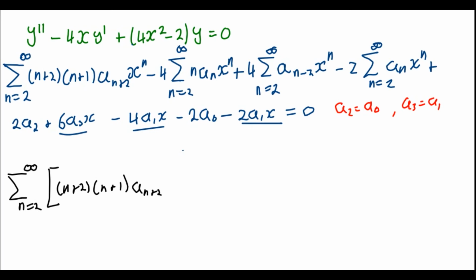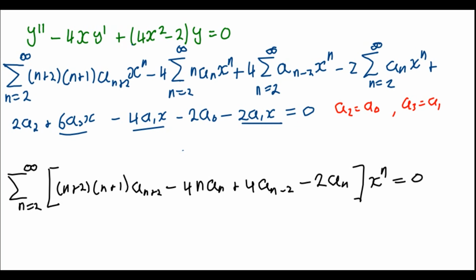I'll not put this because it's more like I factored it out, so that will be minus 4 n a sub n plus 4 a sub n minus 2 minus 2 a sub n, like that. Then I can close, then that will be your x to the power n is equals to 0, like that. Okay, so this is what I have.